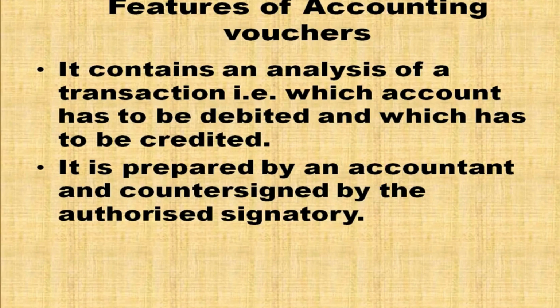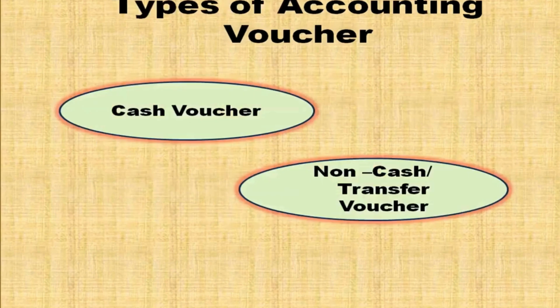Earlier I have mentioned, every transaction has two aspects, giving and taking aspect. So, one is debited and one is credited. Accounting vouchers are usually prepared by an accountant and countersigned by the authorized signatory.